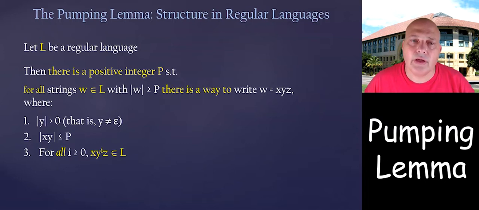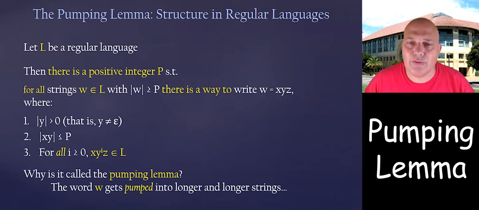And finally, and that's where the pumping comes in: for every i, the word X with Y repeated i times and then Z is in the language. So you can take Y and duplicate it many times, or even remove it because i can be 0, and you'll still have a new word in L. That's where the pumping comes through, because we take one word and we pump it.